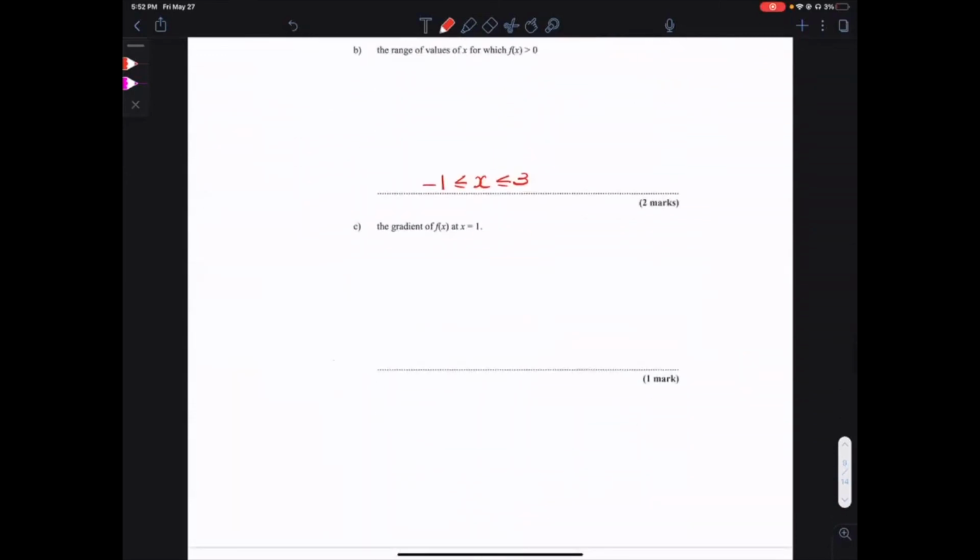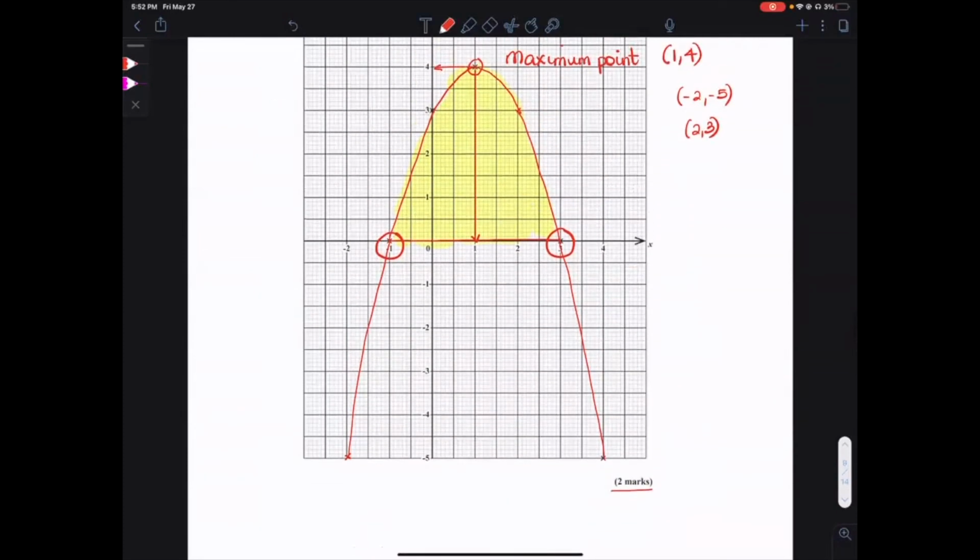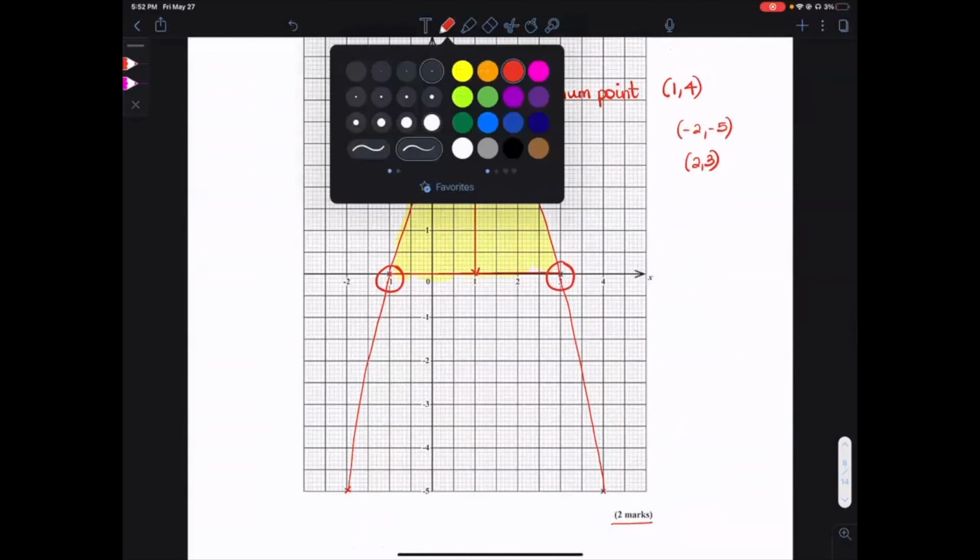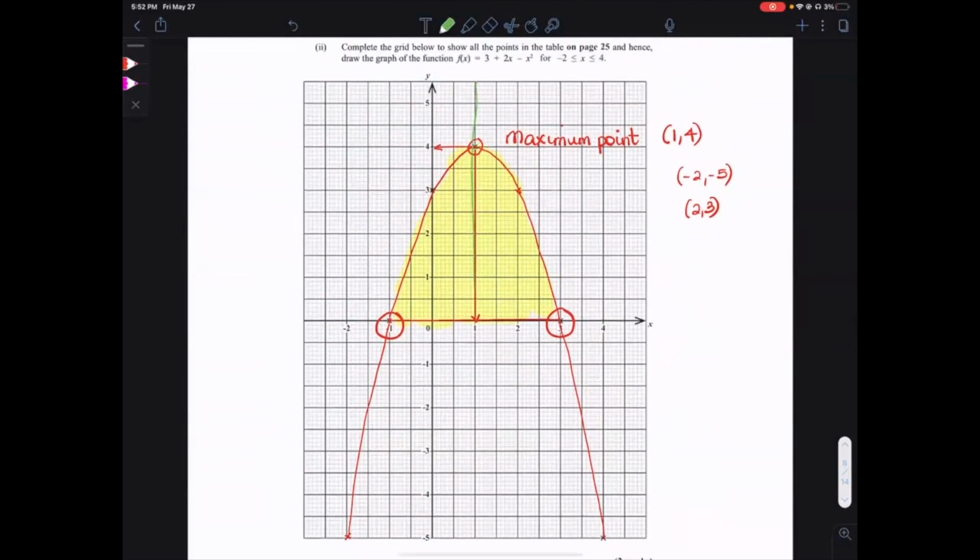And they want the gradient of f of X at X equal to 1. Now, at X equal to 1, this is a horizontal line passing through X equal to 1. X equal to 1 is this line here, sorry. This line. This is the line X equal to 1. Does this line slope?